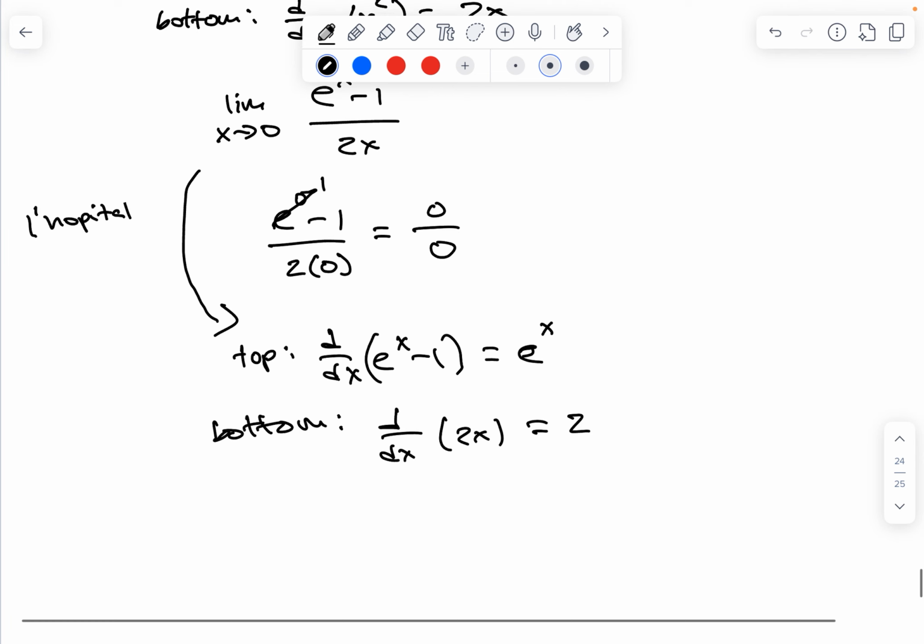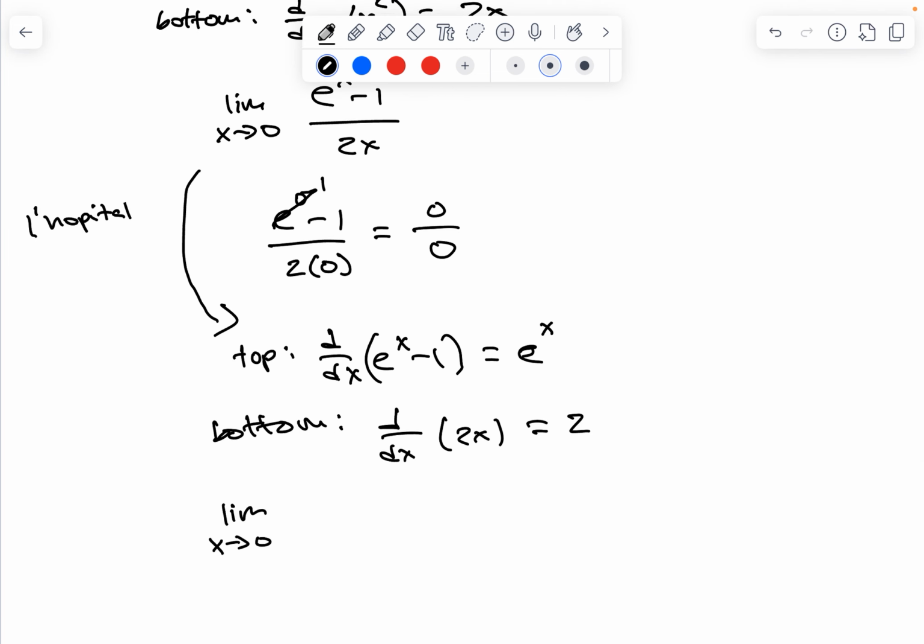Now let's rewrite your new equation. So you have limit as x approaches 0 of e to the x over 2. Plug it in. So you have e to the 0 over 2. E to the 0 is just 1. So the answer is 1/2. And that is your final answer.